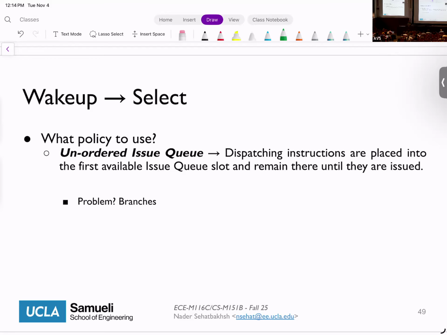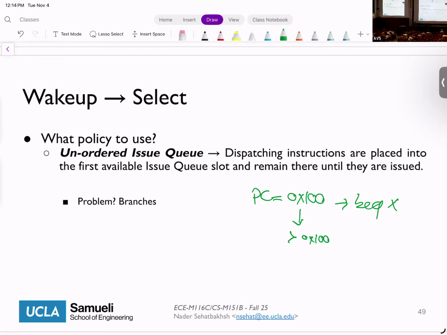But the problem is that finding instructions becomes difficult, specifically if I want to flush things off of the reservation station. Then I need to scan through the entire table because each instruction might be anywhere, right? For example, let's say I have PC equal to 0x100, and this instruction is a branch instruction that needs to be flushed. Then I need to find everything above 0x100 and flush it.